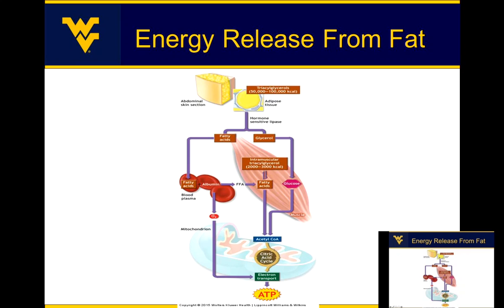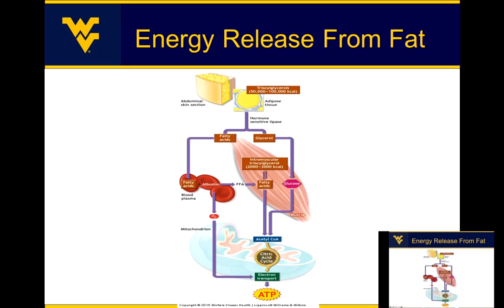And through a series of enzymatic reactions, just like glycolysis, one of those is hormone sensitive lipase. That is one of the main enzymes that breaks down triglycerides into fatty acids and glycerol, and it dumps them into the bloodstream, and both can then circulate to the muscle and be used as energy.